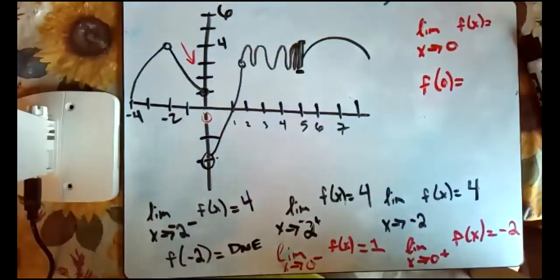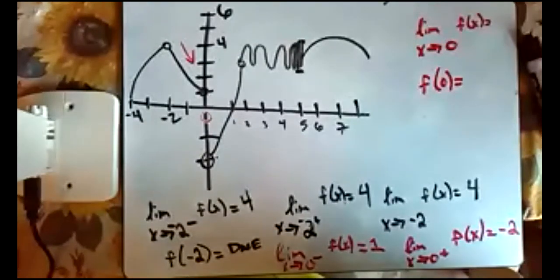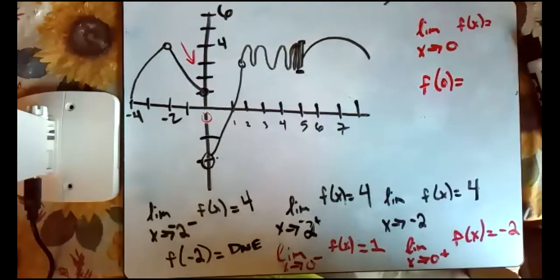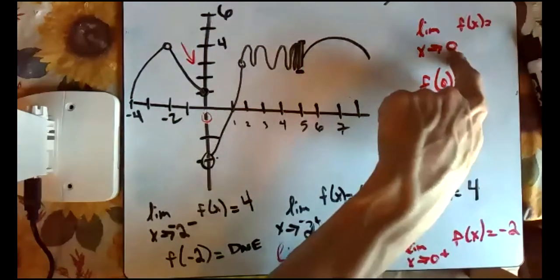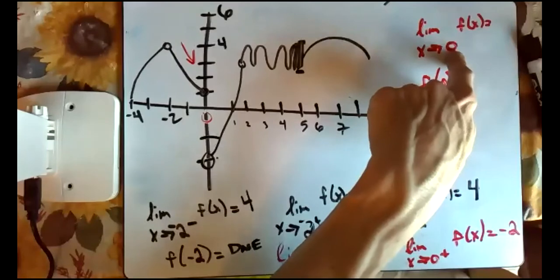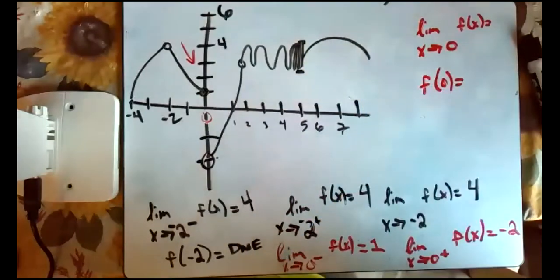So the next question is, what is the limit as x just approaches 0? Not a one-sided thing like 0 from the left or 0 from the right, but just if it approached 0. Remember, for a limit to exist, what must be true? The limit exists only if we get the same y value as we approach that particular x value from the left side and the right side. Is that happening right here?